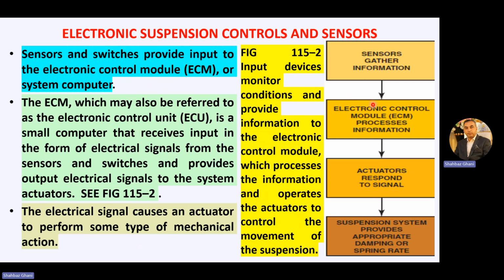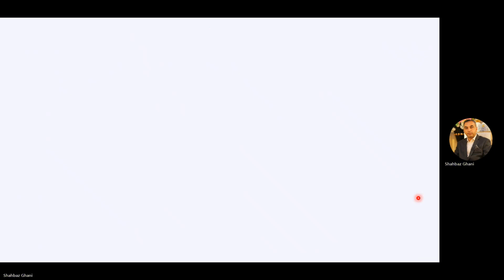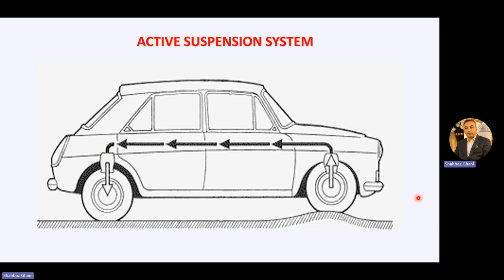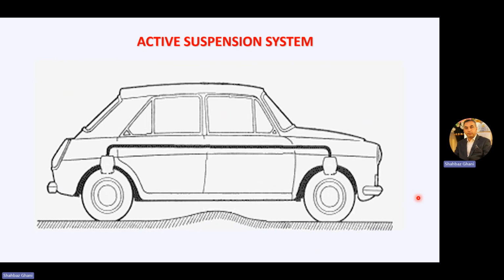That information goes to the electronic control unit, the ECM, which processes it and then gives a response to the actuators, which respond to that signal. The suspension system provides appropriate damping or spring rate in that condition. So this is how the electronic suspension control sensors work. An active suspension system will be working like this.